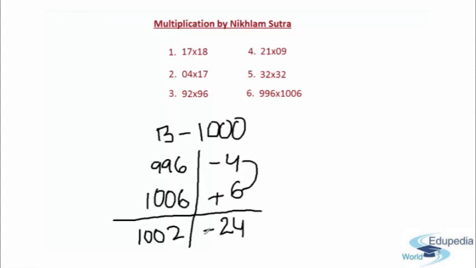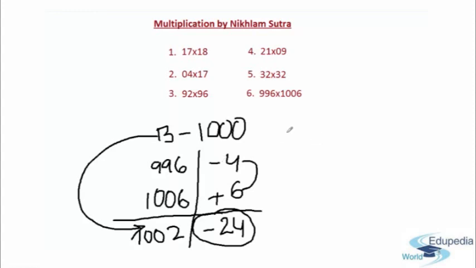If you observe the answer that you got at the bottom of the right column side, it is a negative number. That is, minus 24 is a negative number. So whenever you get a negative number at the bottom of the right column side, the only thing you have to do here is multiply the base with the number 1002 that you have got at the bottom of the left column side.